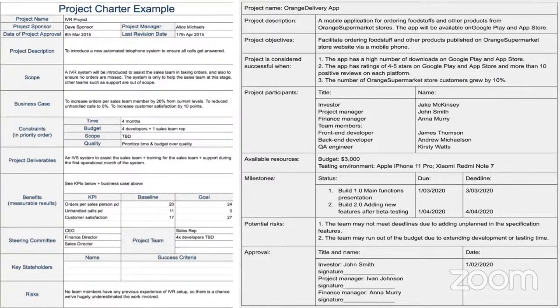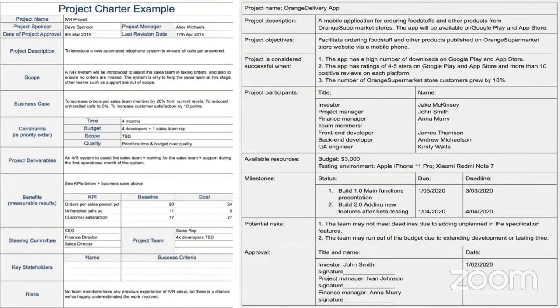Okay, and please note, a charter is not a concept note. We are not looking at a concept note here, but a charter is not a concept note. So we also understand it. Okay, someone said like an abstract.